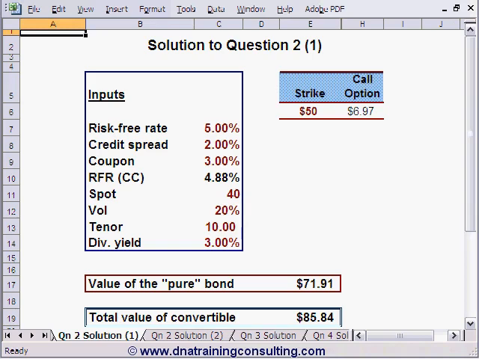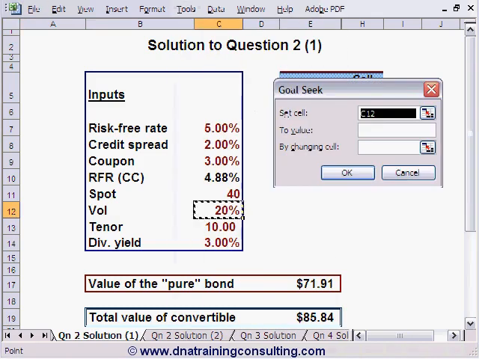This worksheet, question 2 solution part 1, note carefully part 1, begins by pricing the convertible with the 10-year maturity, the adjusted dividend yield of 3%, and the now 20% volatility.